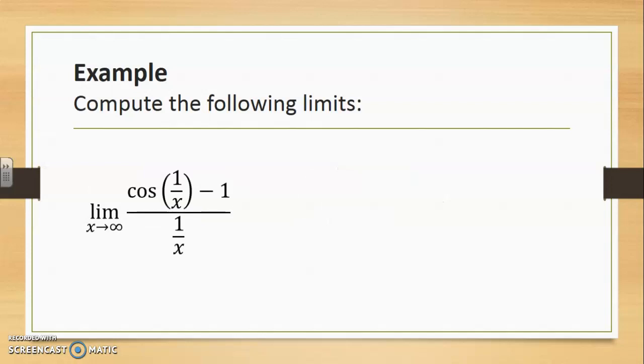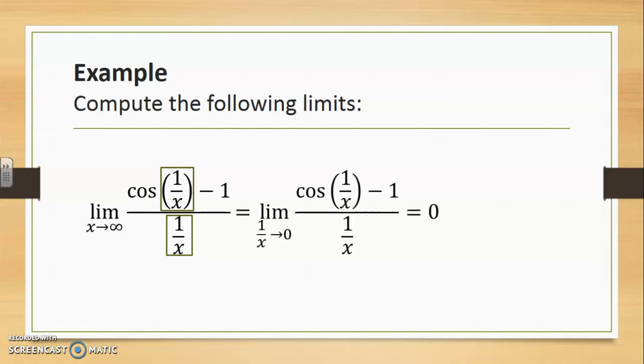Here's a similar example where we have cos of 1 over x minus 1 divided by 1 over x. Once again, we have the exact same angle inside the cosine as the divider that appears at the denominator. Having the same angle will allow us to use the special formula because in this case, the second of our special limit forms is satisfied.